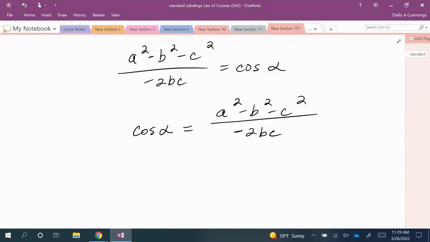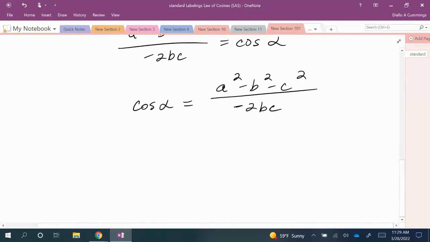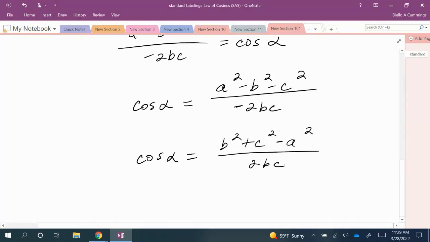The same thing happens for the C squared term: negative C squared divided by negative 2BC equals a positive C squared divided by 2BC. So I'll write it as such: the cosine of alpha is equal to B squared plus C squared minus A squared over 2BC.